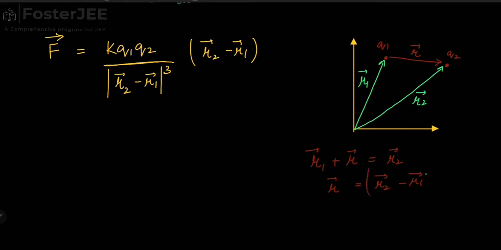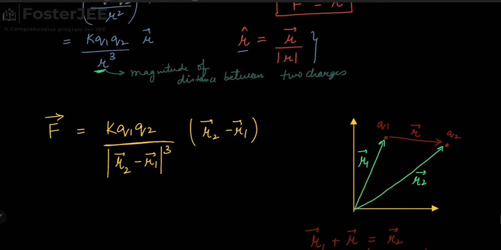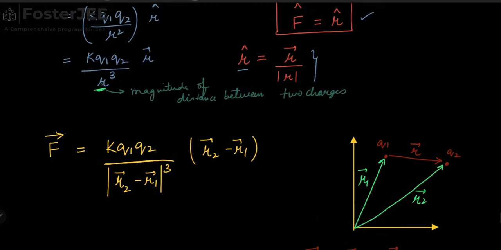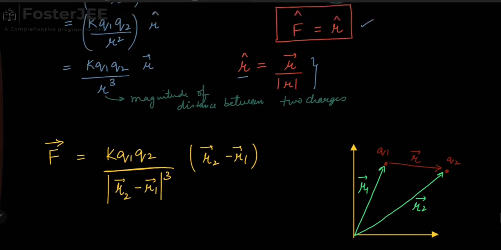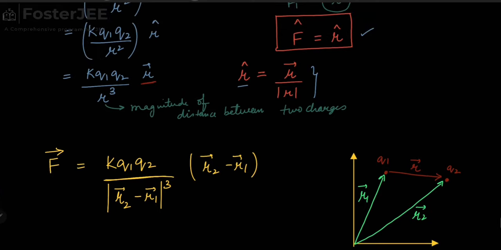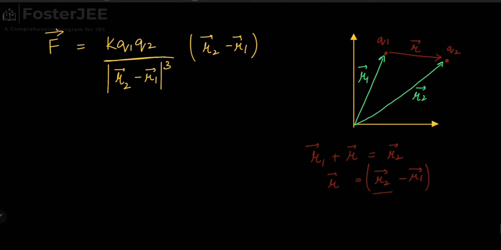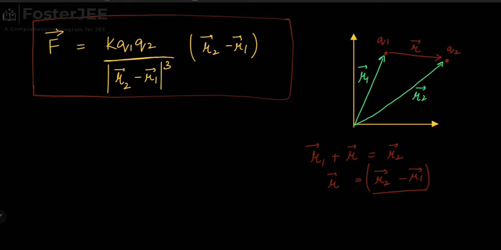And hence we can replace in this expression the value of r with r2 minus r1 magnitude and r vector with r2 minus r1 vector, which gives the final result to be this. This is called Coulomb's law in vector form.